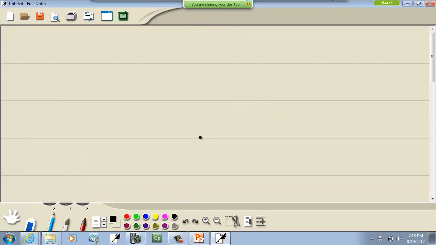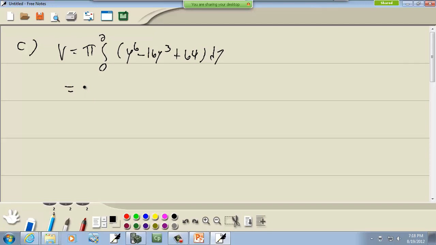Okay, so we're still on C, and we're now down to volume is equal to pi, 0 to 2, of y to the 6 minus 16 y to the third plus 64 dy. Okay, add 1 to our power, divide by our new power.